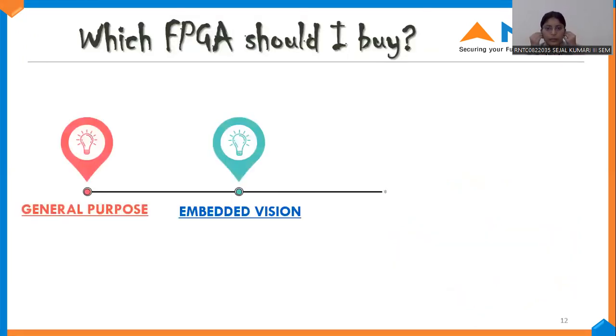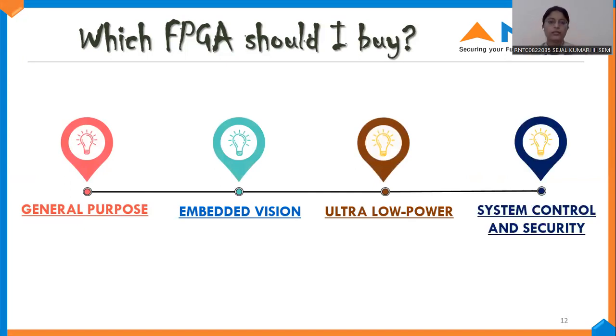Now, which FPGA should I buy? There are mainly four of them. The right FPGA would be the one that supports your design and the application you're developing. Lattice Semiconductor is known as the leading provider of low power, highly reliable, and small form factor FPGAs.